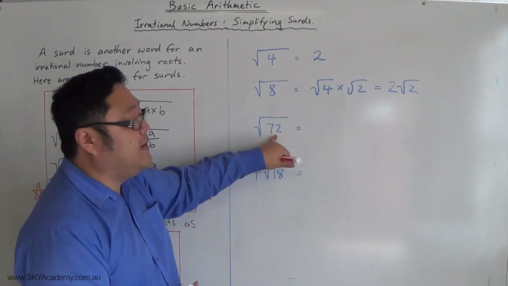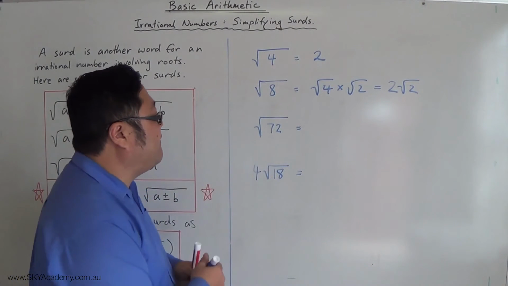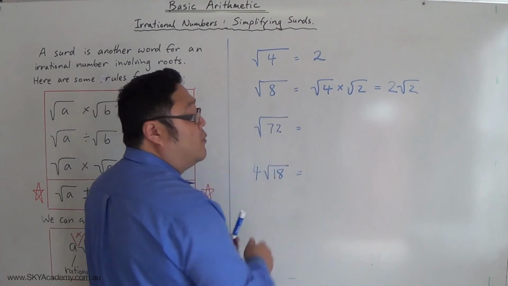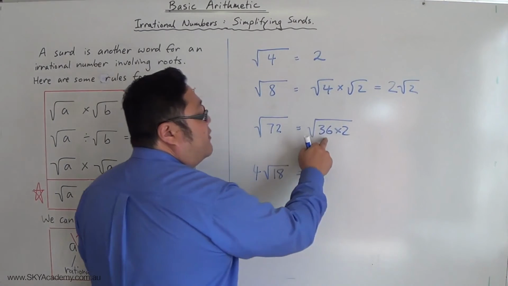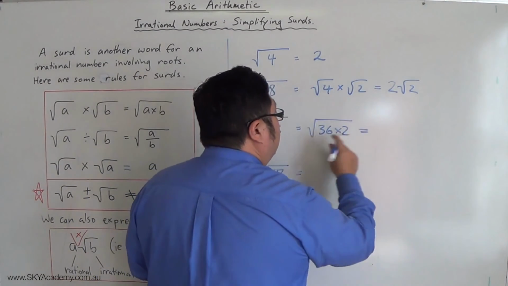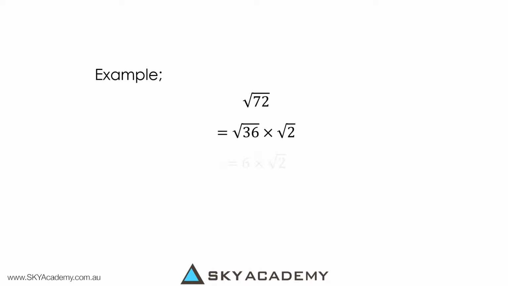So the square root of 72, what you can do is take out 36. So the square root of 72 is equal to the square root of 36 times 2. Now the square root of 36 is 6, so this surd can be expressed as 6 root 2.